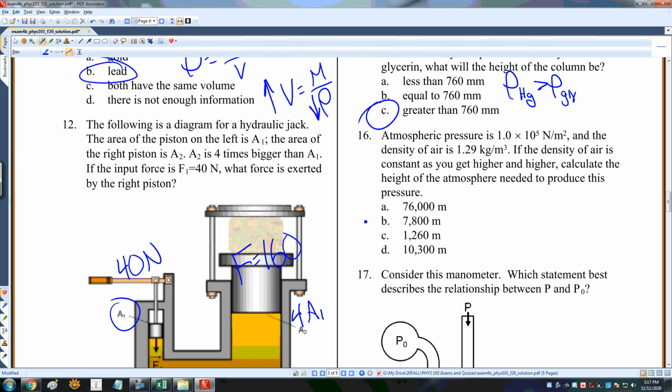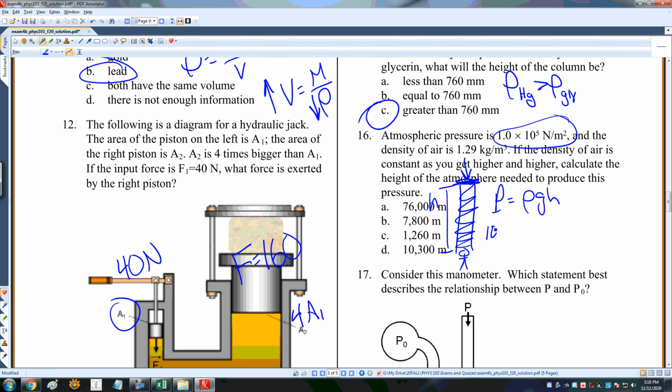Okay, so here I'm imagining that I have this column of air sitting on top of me, and I want to know what is the height of this air. What is h in order to give me this atmospheric pressure? So P is equal to rho g h. P naught is 0 here because if you imagine that I have space up here, there is no pressure pushing down.